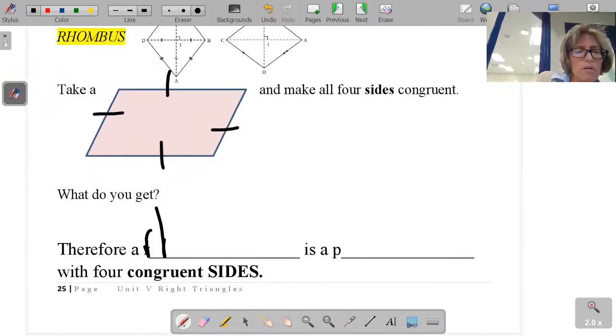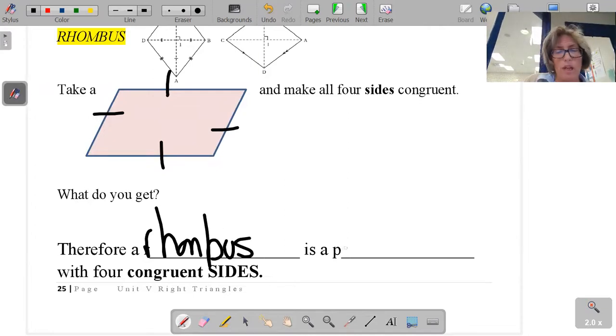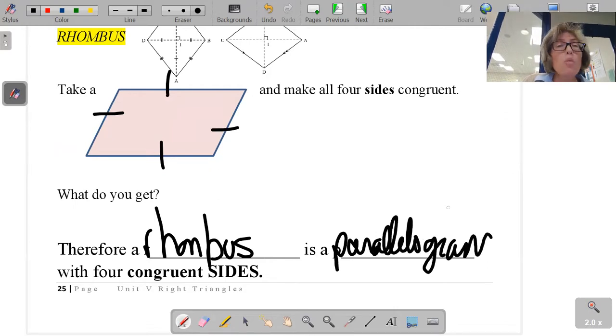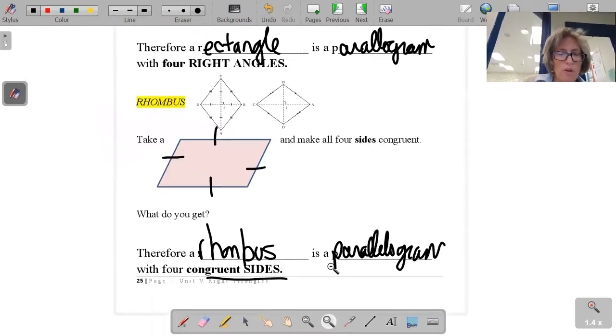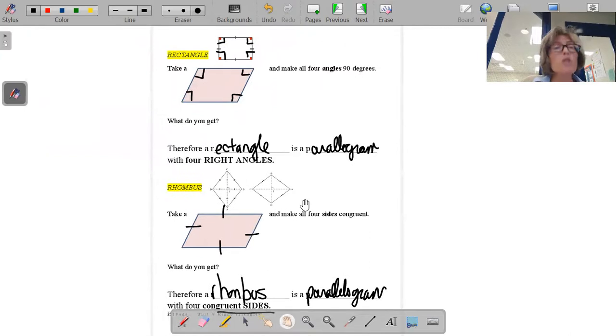Therefore, a rhombus is a parallelogram with 4 congruent sides. Quick review: a rectangle is a parallelogram with 4 right angles. A rhombus is a parallelogram with 4 equal sides.